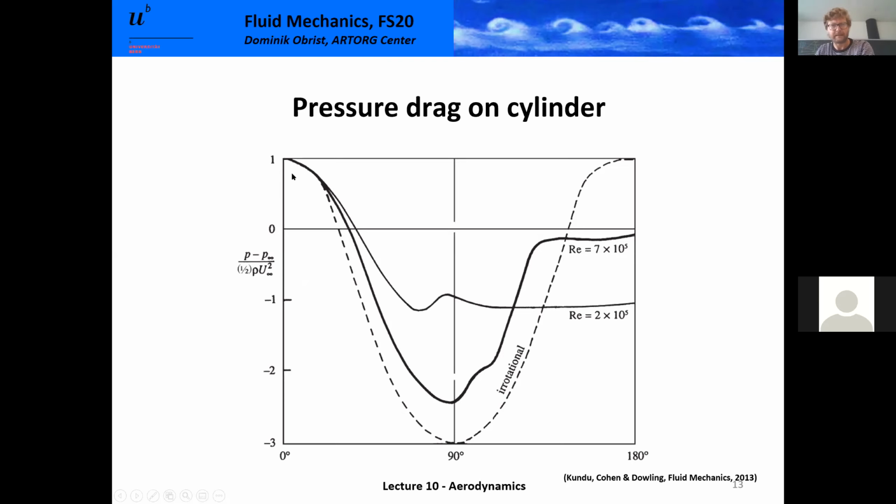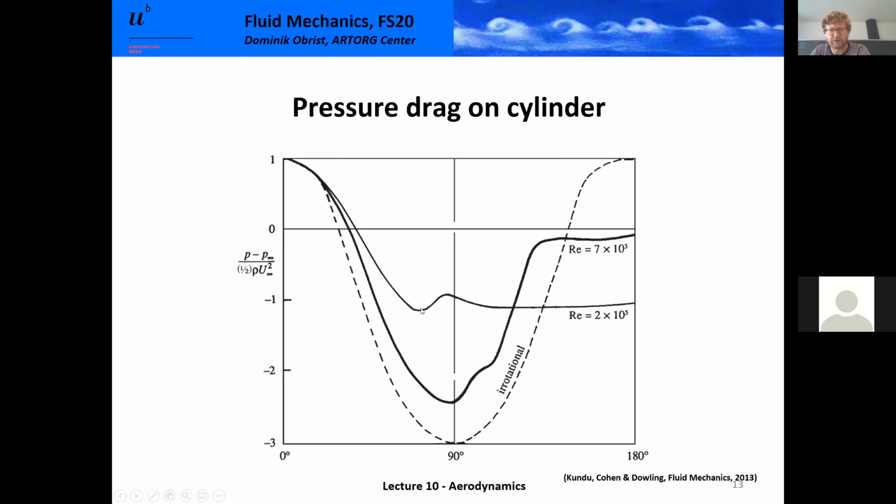Let's look at the thin solid curve. The thin solid curve is what is happening with the laminar boundary layer. Everything looks quite similar here on the upstream side. We have a flow acceleration leading to reduction of the pressure, Bernoulli's law.